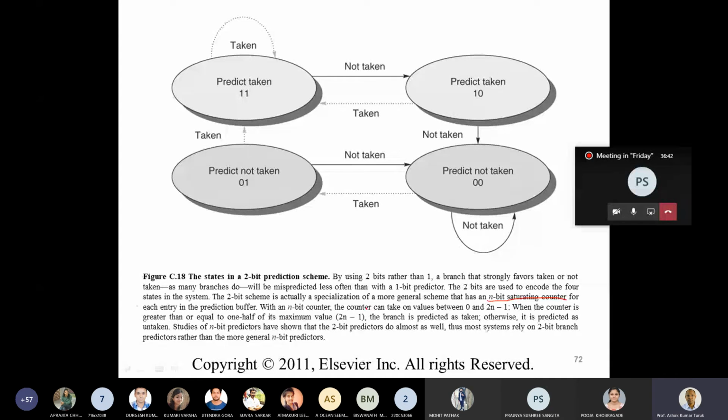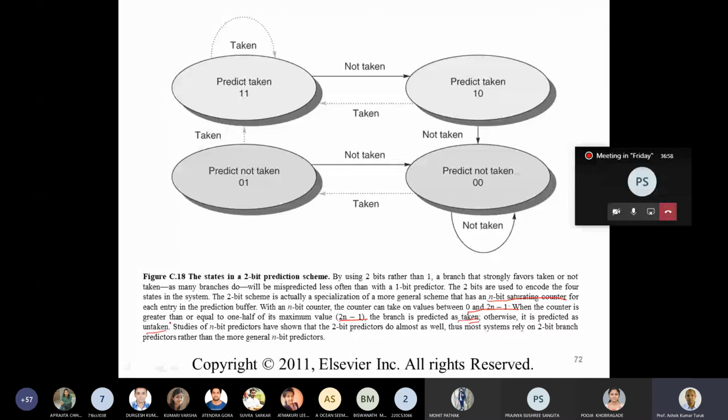With an n-bit counter, the counter can take on values from 0 to 2 to the power n minus 1. When the counter is greater than or equal to half the maximum value of 2 to the power n minus 1, the branch is predicted taken, otherwise the branch is predicted not taken.